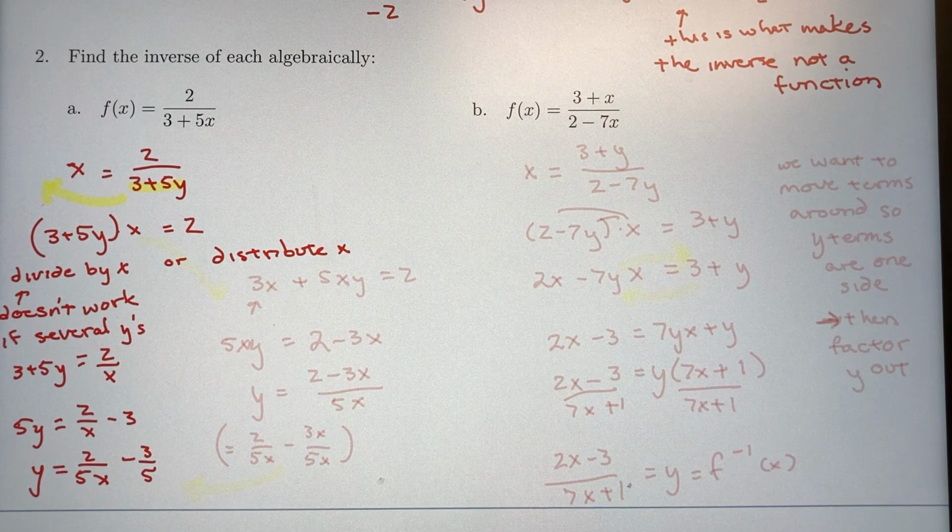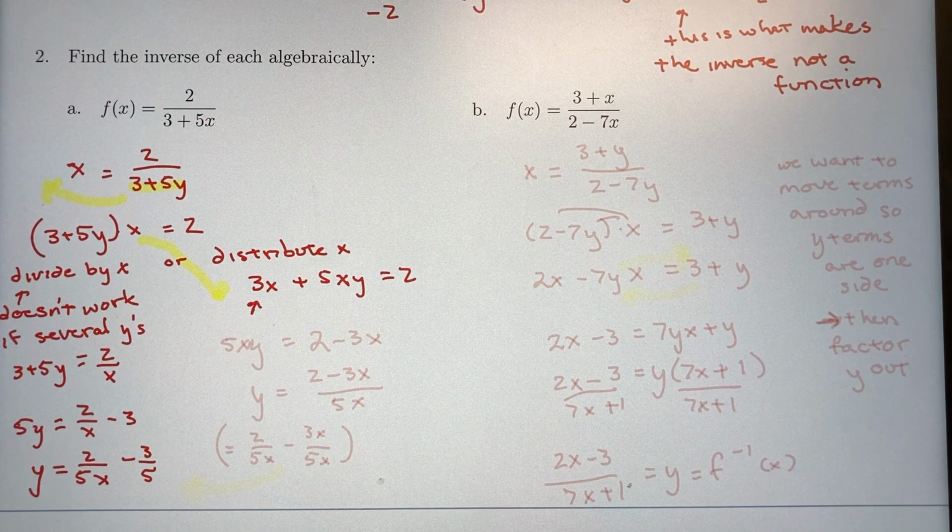Okay. Distributing x instead is a method that works even if there's a bunch of y's, so we'll have to do it on the next problem. But let me just show you how it gives you the same answer. So I'm distributing x to the 3 and to the 5y. Okay. Now, I want to move terms around so that the y is by itself. So I want to get rid of things that are stuck to y.